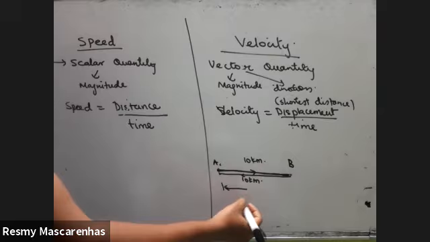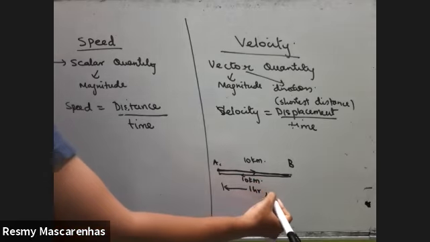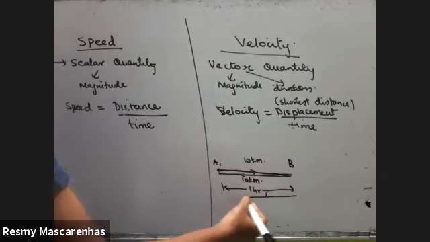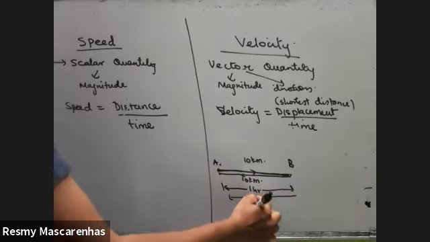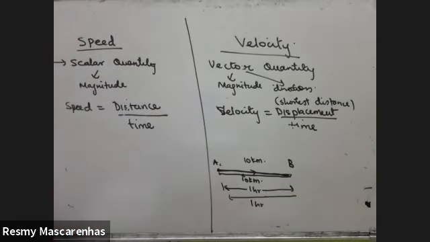This is done in total 1 hour, and coming back is 1 hour. While going, he traveled 10 kilometers in 1 hour, and then again he came back 10 kilometers in another hour.